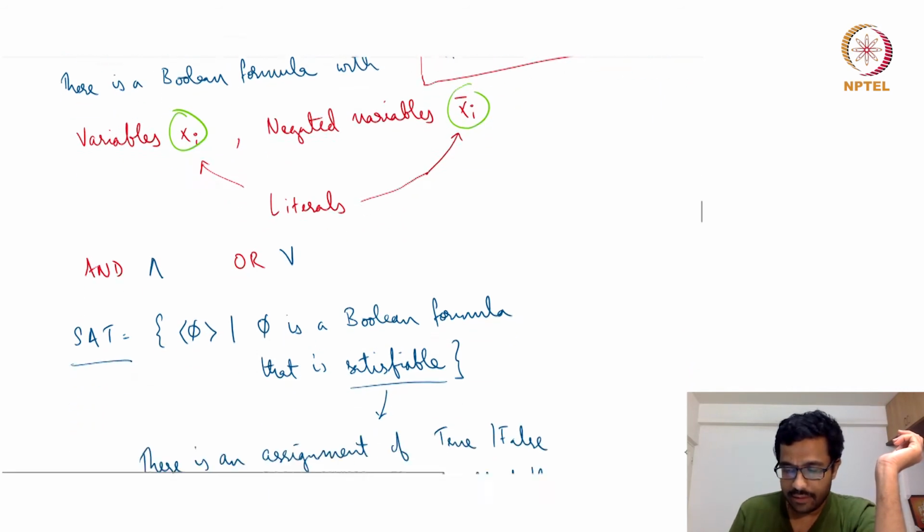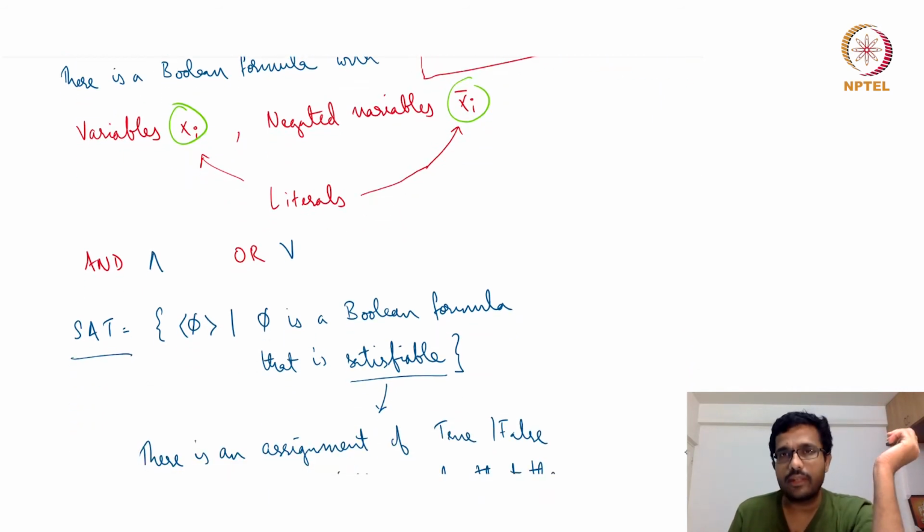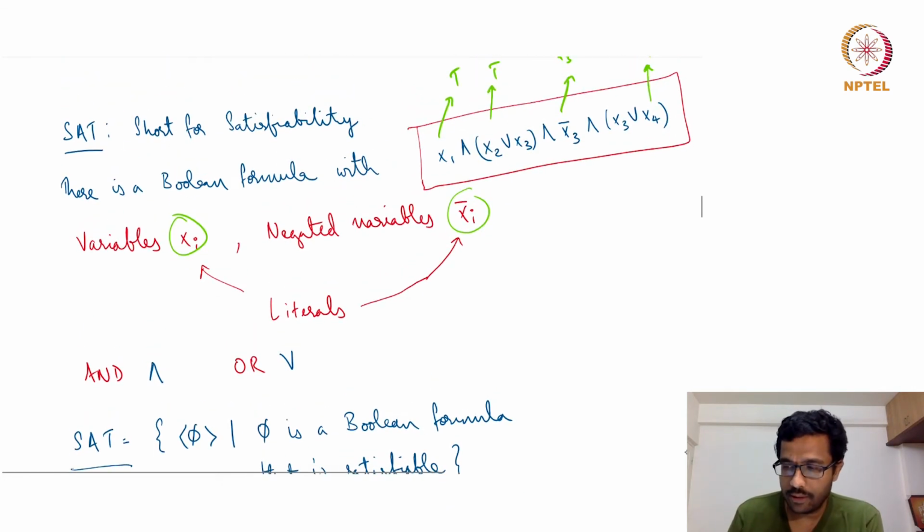Formally, SAT is the set of all Boolean formulas that are satisfiable, meaning there is some way to assign the variables such that the Boolean formula evaluates to true. The Boolean formula that I have written over here is satisfiable.